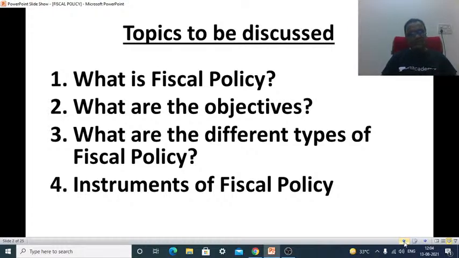As the name itself indicates, in case of expansionary fiscal policy, the objective is to expand the scope of economic activity. How? How does the government expand the scope of economic activity? With the help of its revenue and expenditure policies. What are those things? We will look at those things as we proceed.